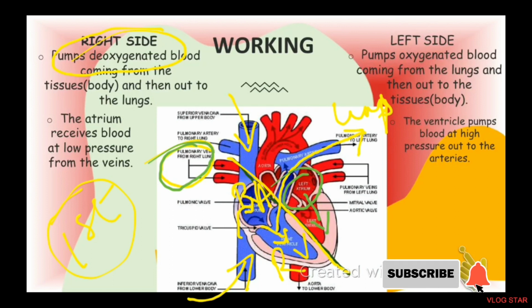This left ventricle is now ready to give this oxygenated blood to the entire body. So then this blood is now going to go through the main artery, that is the aorta.